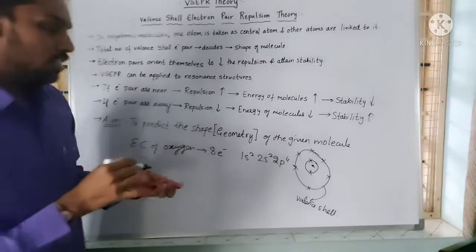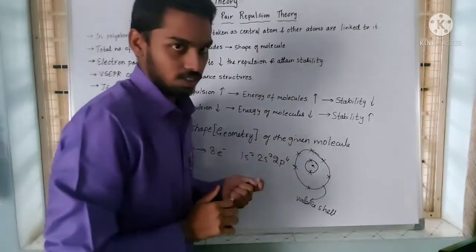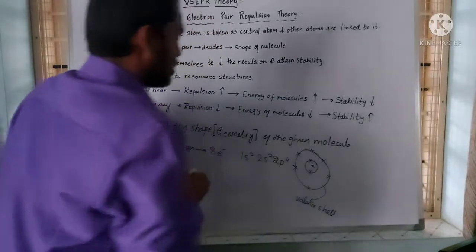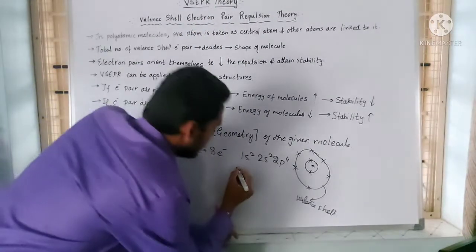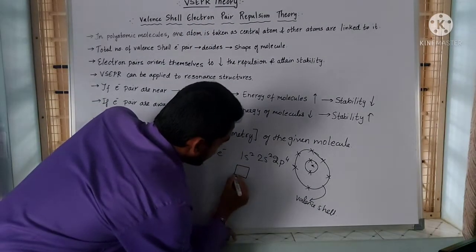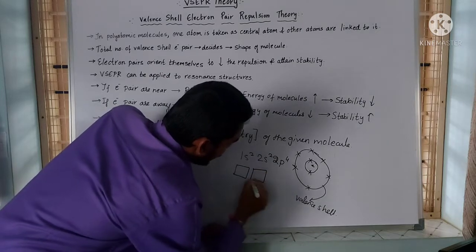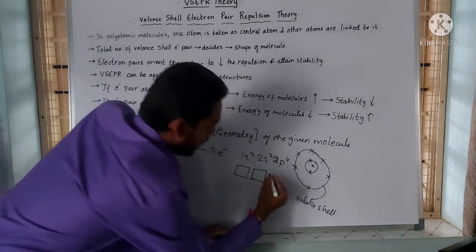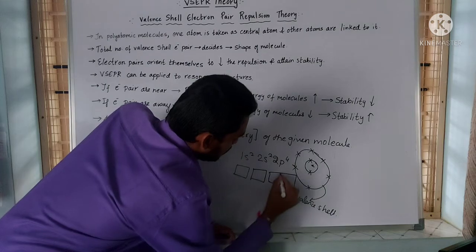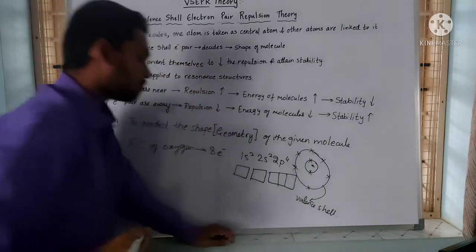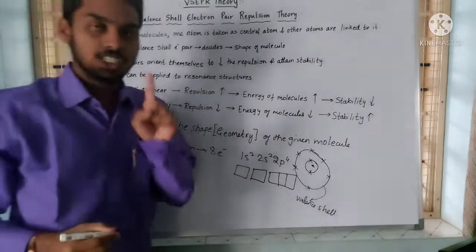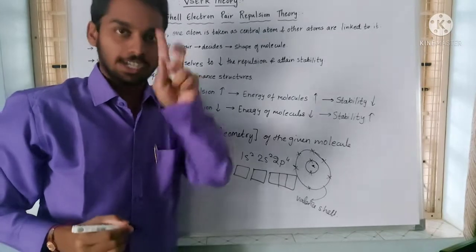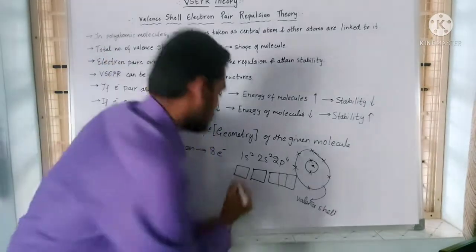Now this valence shell has 6 electrons, and if I draw the orbital diagram of filling electrons, this is the s orbital and this will be the p orbital. We know that each s orbital can accommodate a maximum of 2 electrons.